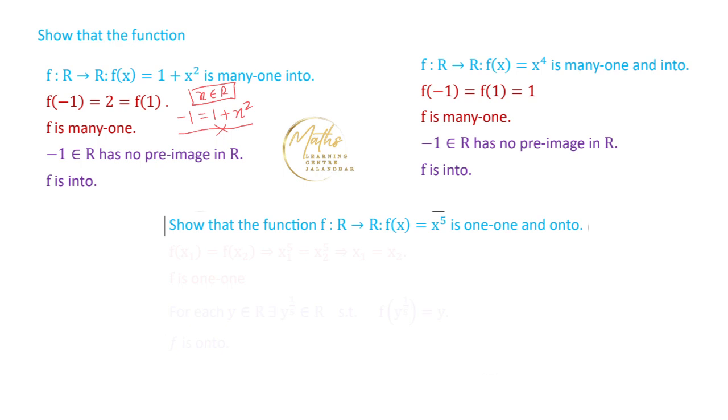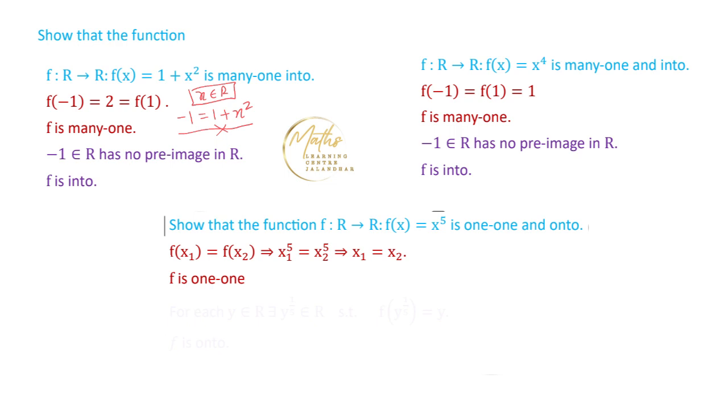To prove this, we consider f of x1 is equal to f of x2. This implies x1 raised to the power 5 is equal to x2 raised to the power 5, and when you solve this, you get x1 is equal to x2. So the function f is a one one function.